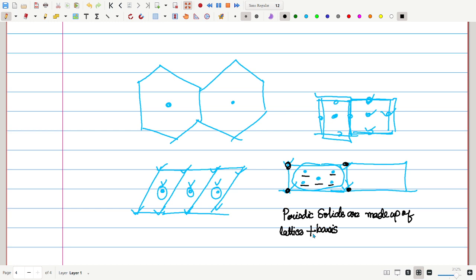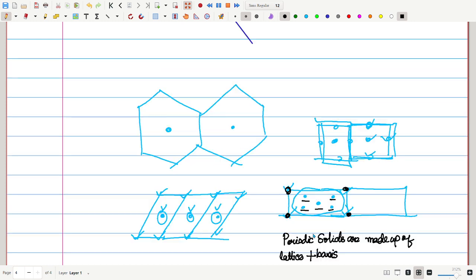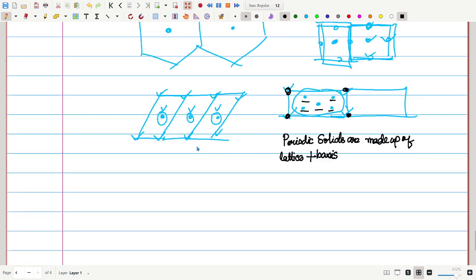Okay, so this is the whole thing for today. What we are going to discuss in the next class is 2D lattices in some more detail, not much. We will see 2D atomic basis.